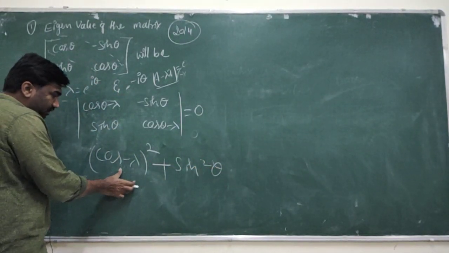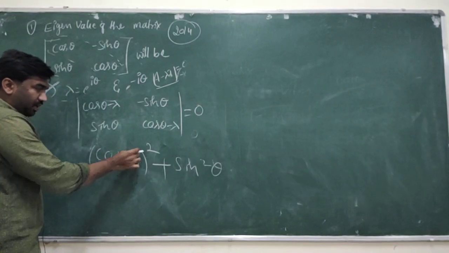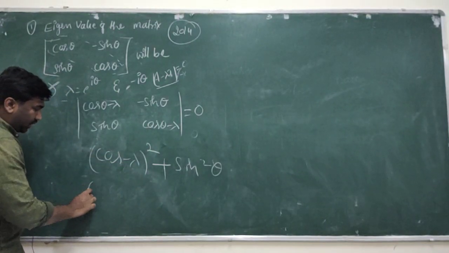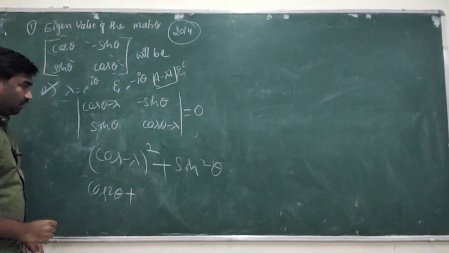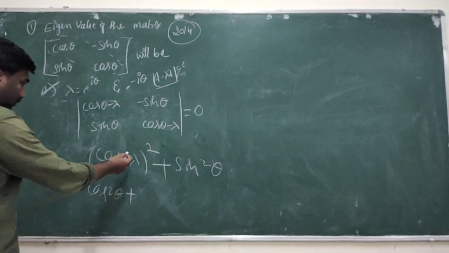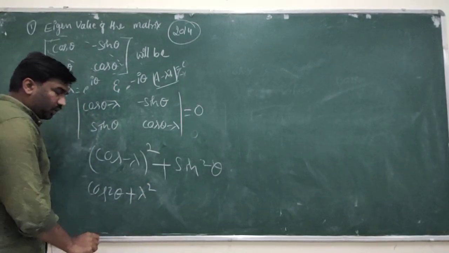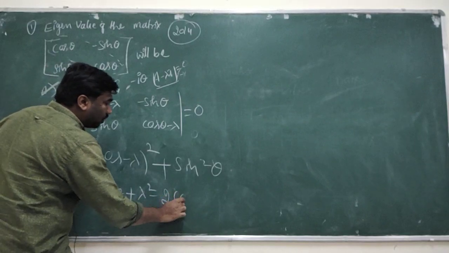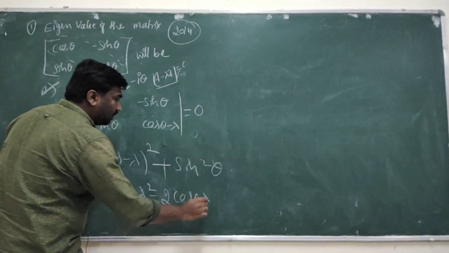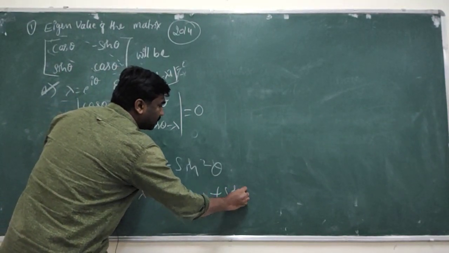If we expand this, it looks like the (a minus b) whole square formula. So that is cos square theta plus lambda square minus 2 cos theta into lambda plus sin square theta.